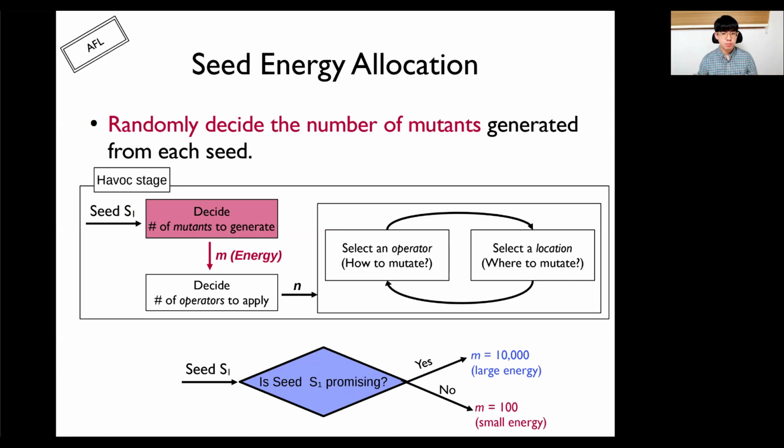Otherwise, only a small amount of energy, such as 100 mutants, should be assigned to the dead seeds. This problem is called the seed energy allocation problem, or power scheduling problem.